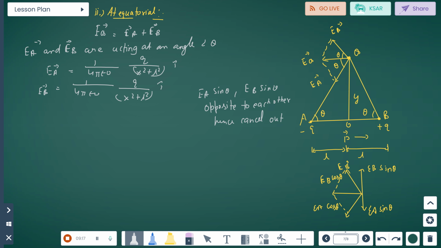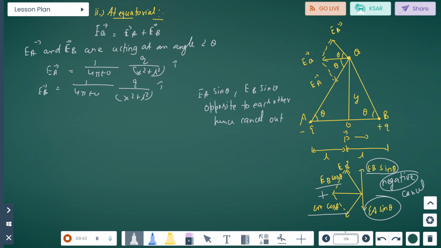We have EA sin theta and EB sin theta opposite to each other, therefore they cancel out. So EA cos theta and EB cos theta are acting in the same direction. EA cos theta and EB cos theta, what is it, in the same direction, so they will add. These are in the negative direction, so these will not cancel out.